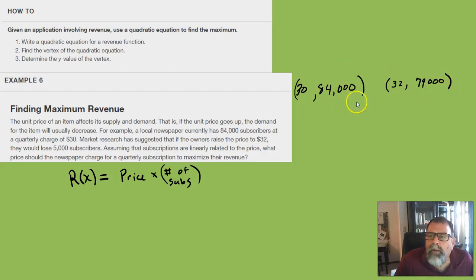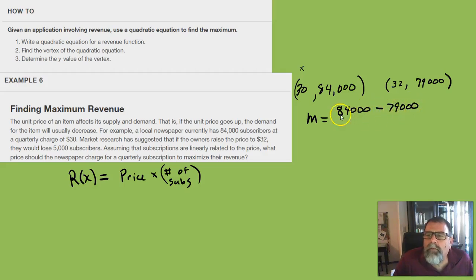So we want to get an equation to give us the number of subscribers based on the price. And then we can plug it into this formula to get revenue as a function of x. So x will be the price in this case, and y would be the number of subscribers. So our slope would be 84,000 minus 79,000.